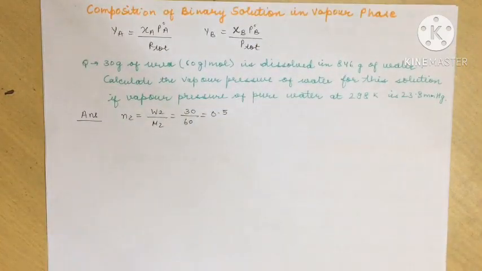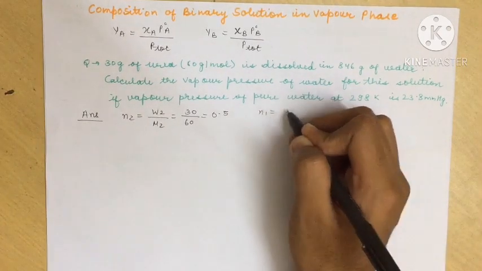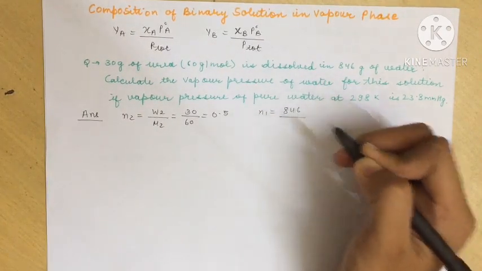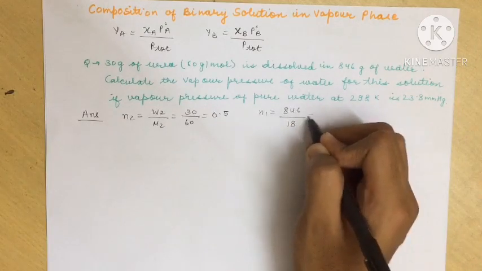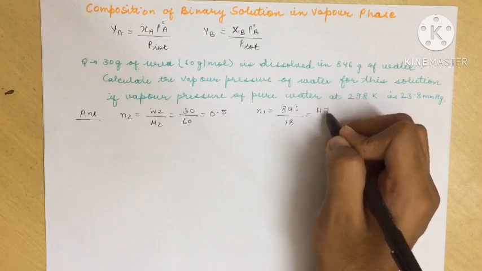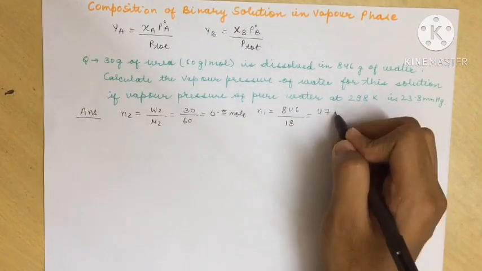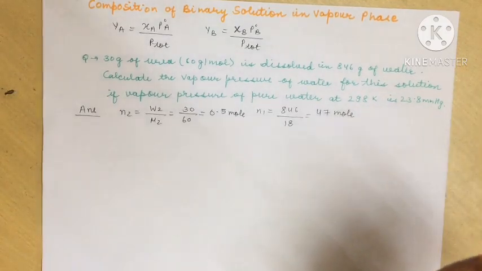Similarly, finding N1: 846 upon the molar mass of water, that is 18. If we calculate this, we get 47. So this is 0.5 mole and this is 47 mole. Now this is the first thing solved.